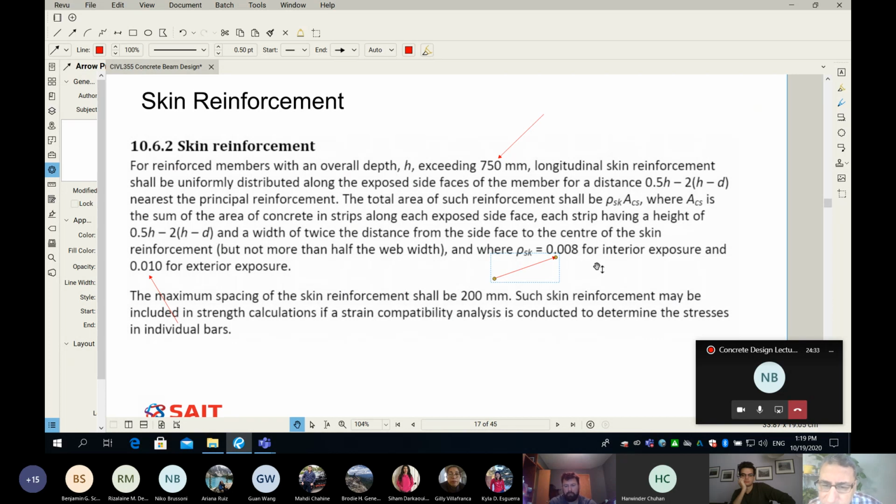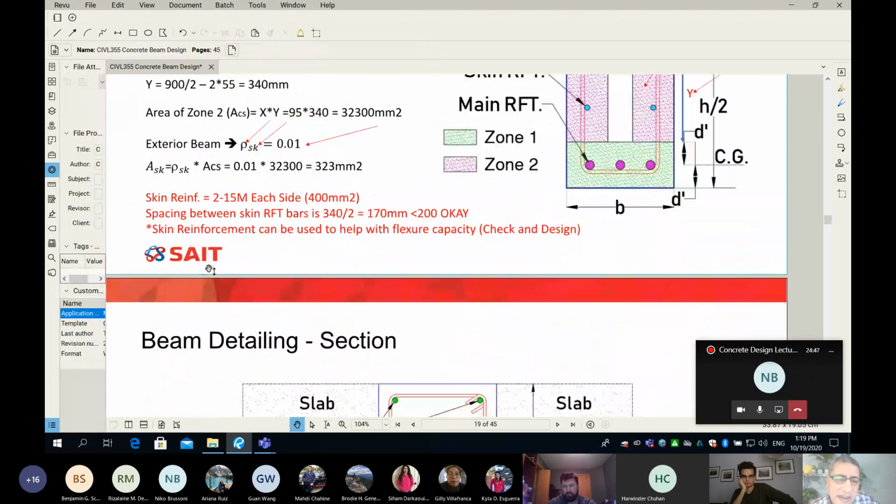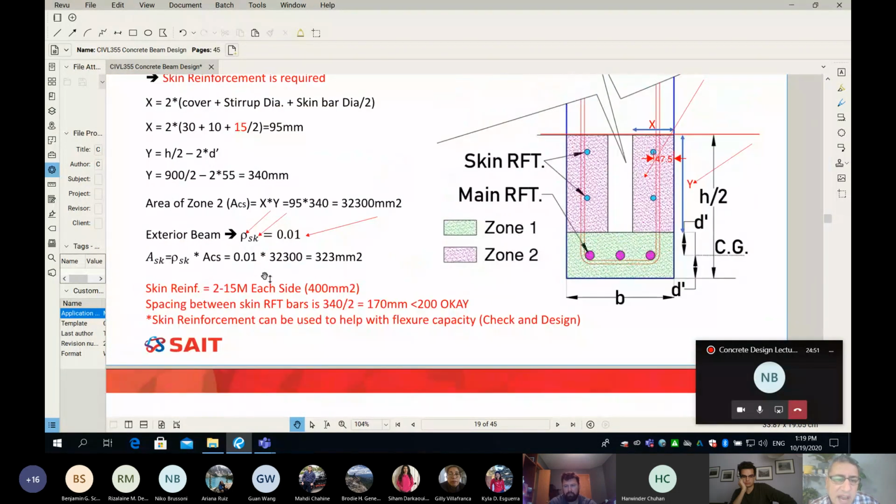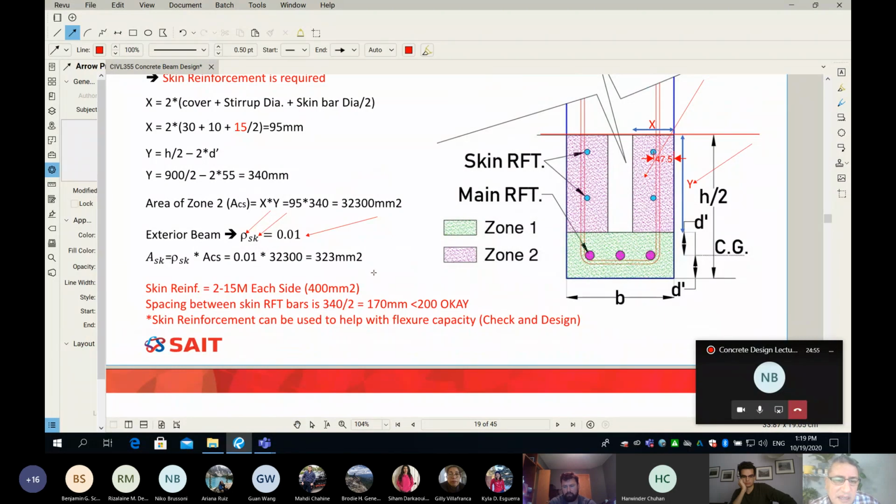If your beam is protected, we need to worry less, so we add only 0.8%. If my beam is exterior, I need to worry more and add more rebar, so I add 1%. After finding the area of concrete, I multiply it times the skin reinforcement ratio, and finally I get the area of steel required.